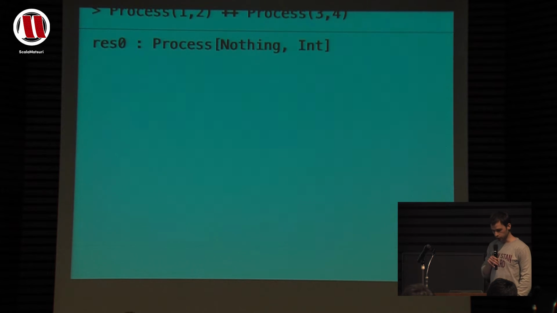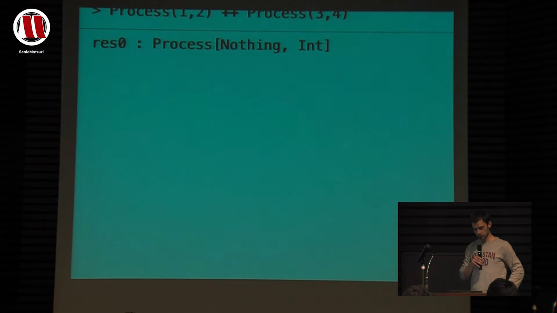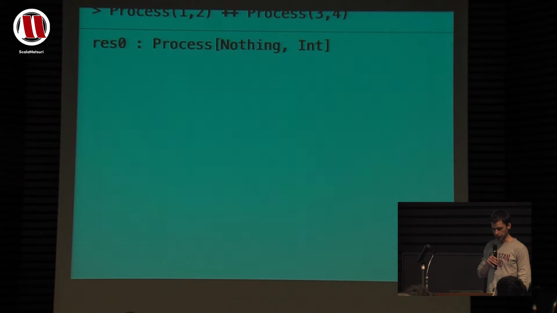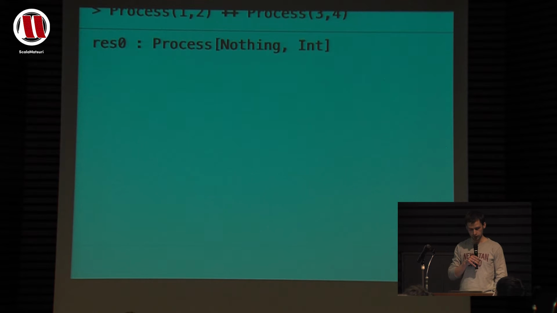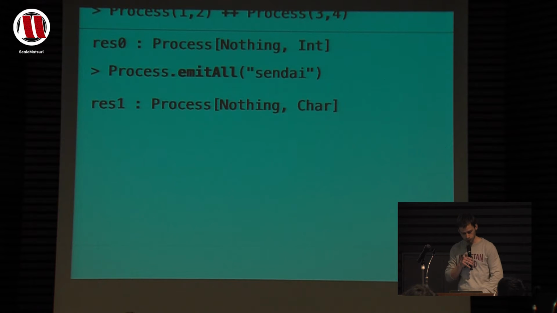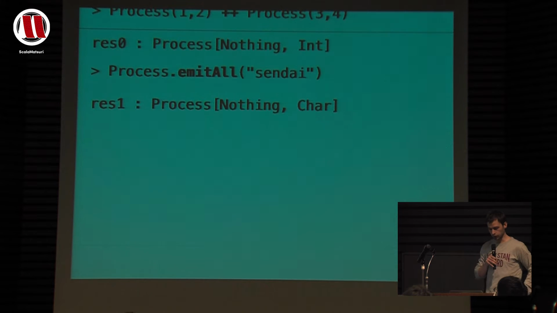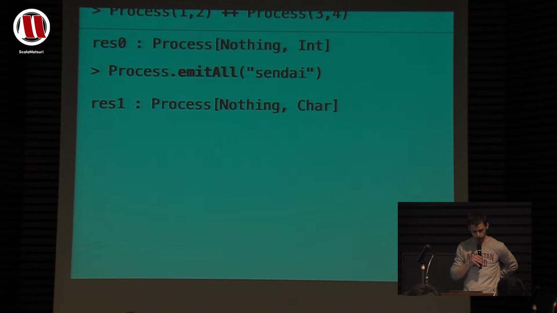There are some more useful functions that we need to start actually doing something. On a process there's a function called append, which lets you append processes. In this case again we operate on pure processes which are returning ints. Another example is that we can emit every single element of an iterable.